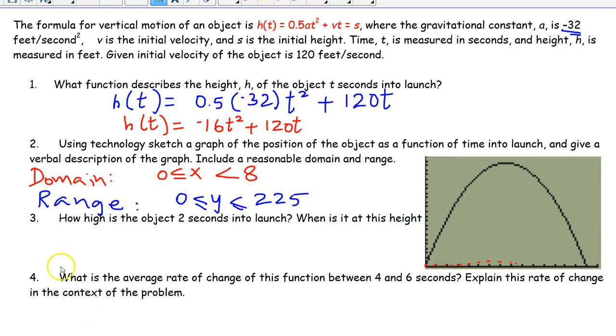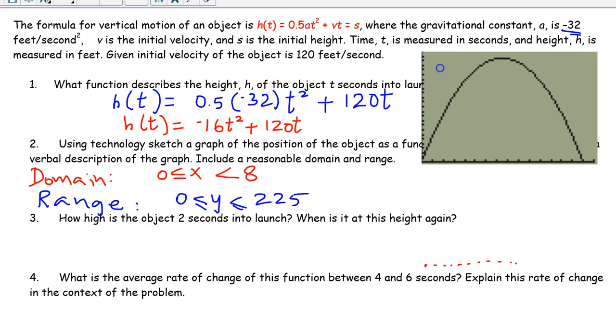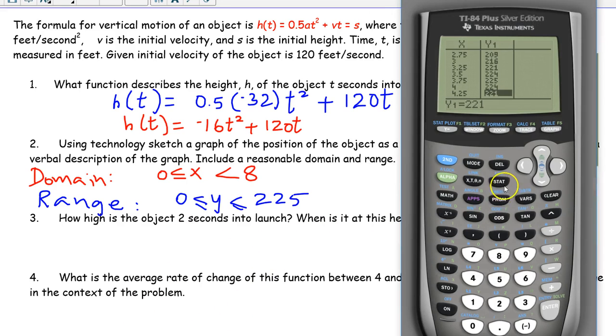Now the next question: how high is the object when t is 2 seconds into launch, and when is it at this height again? It is very easy now. So you want to find the value of h for t equal to 2, and whatever height you see here, are you going to find it again? That's the thing. So let us go to t equal to 2, that is the time is 2 seconds.